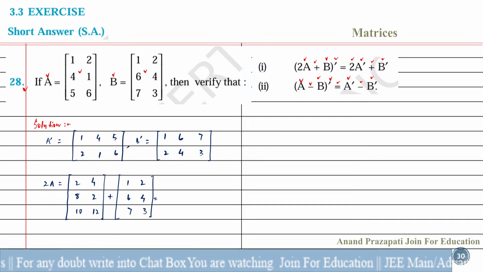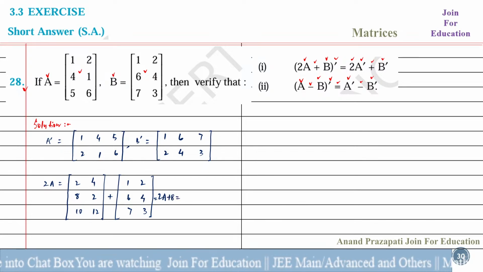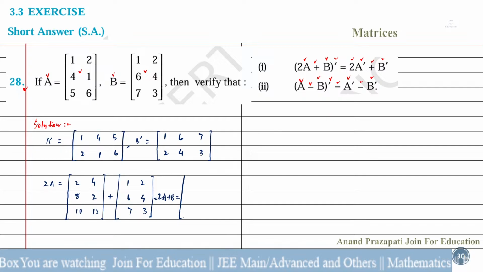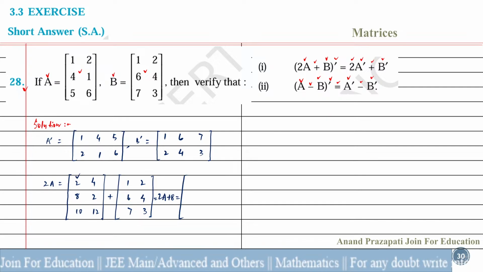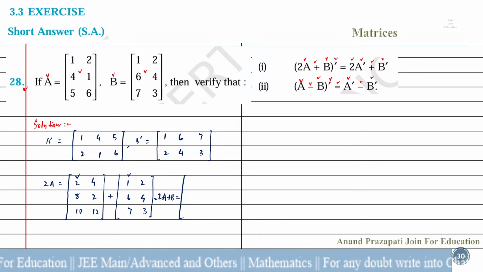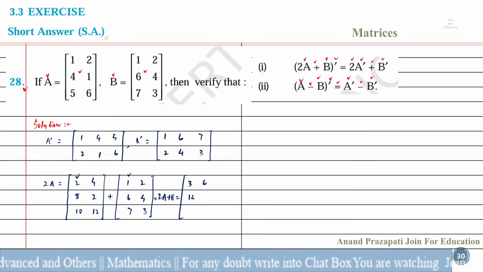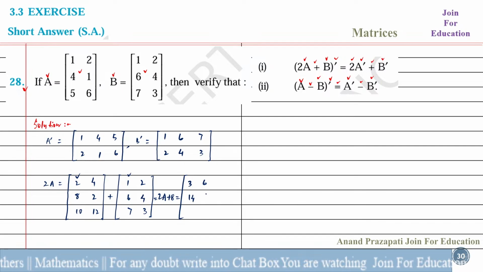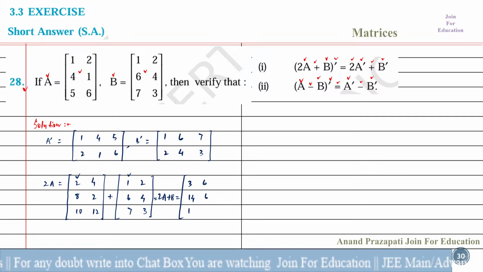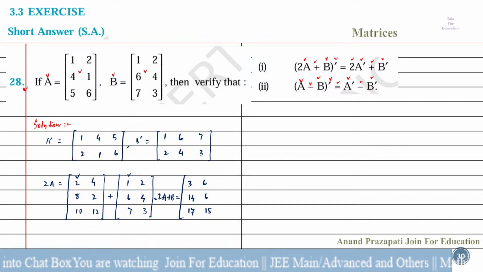So here 2A plus B equal to here will be 2 plus 1 equal to 3, 4 plus 2 equal to 6, 8 plus 6 equal to 14, 2 plus 4 equal to 6, 10 plus 7 equal to 17, and 12 plus 3 equal to 15.